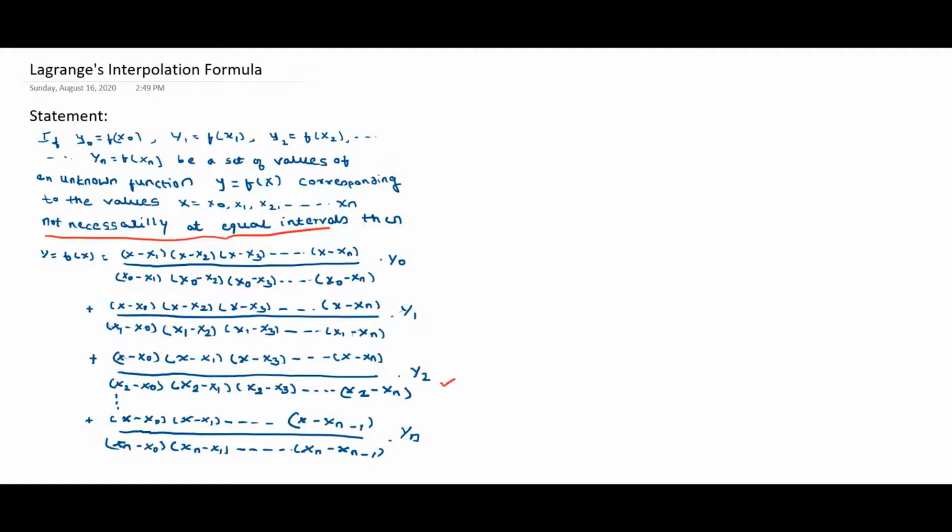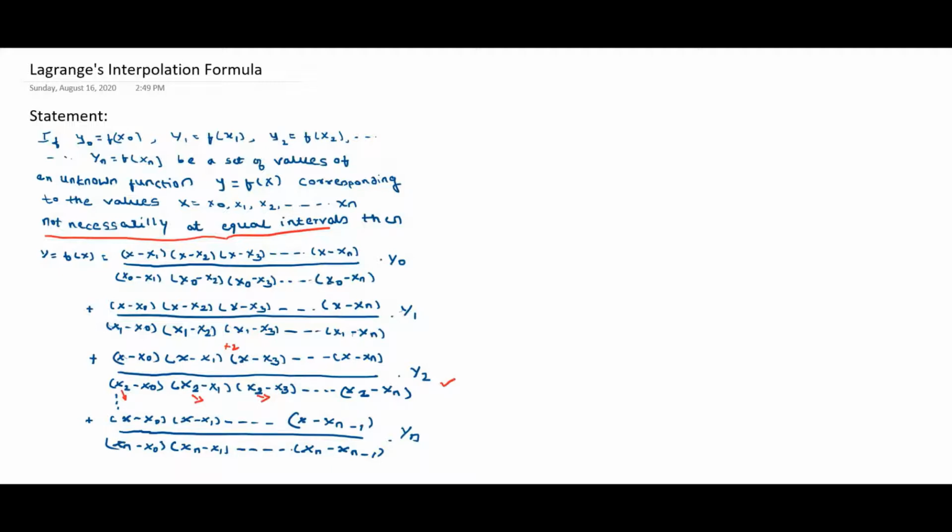Now in the third term, the term x2 is absent. You can see x minus x0, x minus x1, x minus x3; x minus x2 is absent, and in the denominator each bracket starts with x2 only.